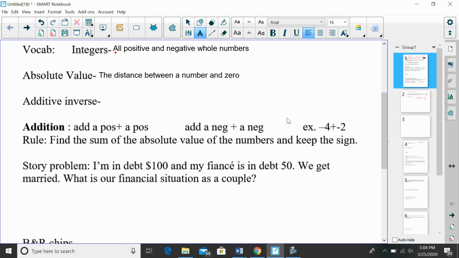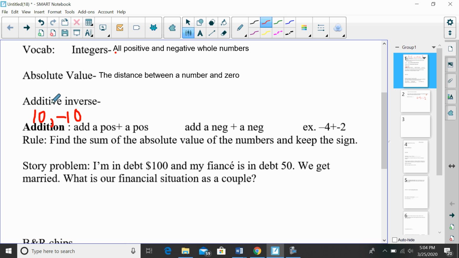All right, and then the additive inverse. If I asked you what's the additive inverse of 10? Right, now if we were in class, you'd all respond to me. I'd say, what's the additive inverse of 10? And someone would say -10. And I'd say, what's the additive inverse of 20?